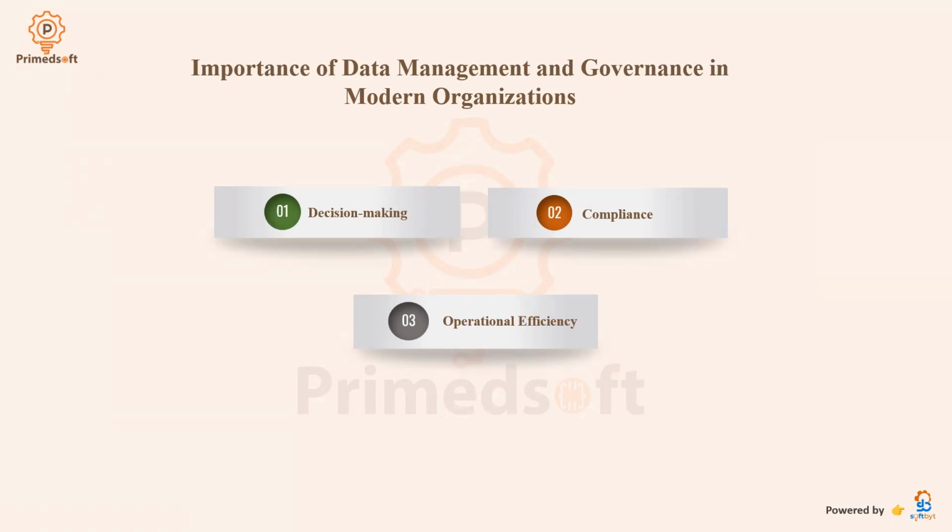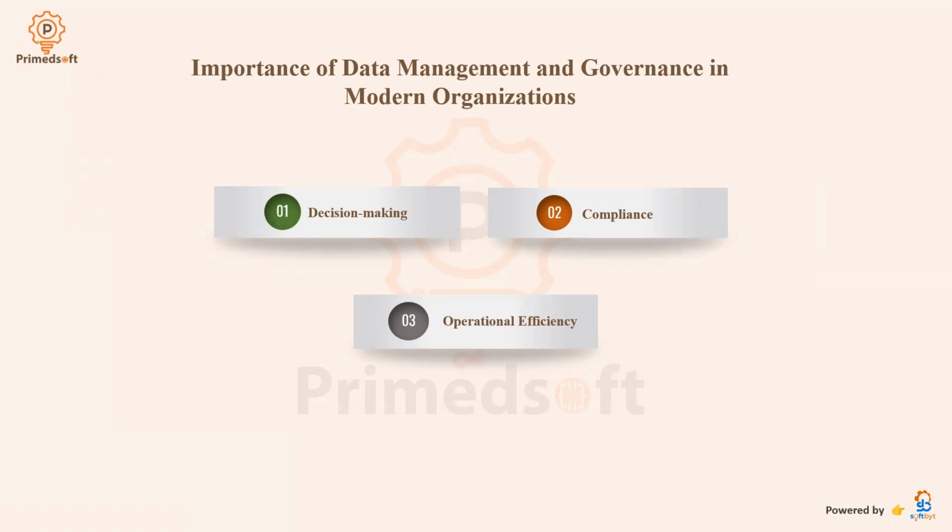It does this by providing accurate, timely, and relevant insight to support strategic and operational choices. Decision making is the number one importance of data management and governance in modern organizations, in modern businesses.